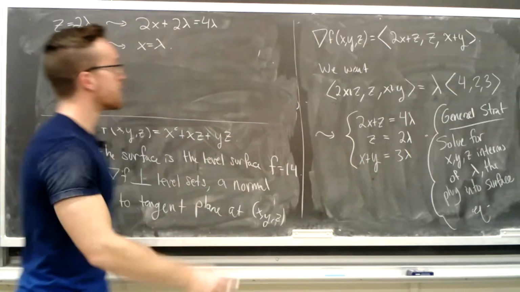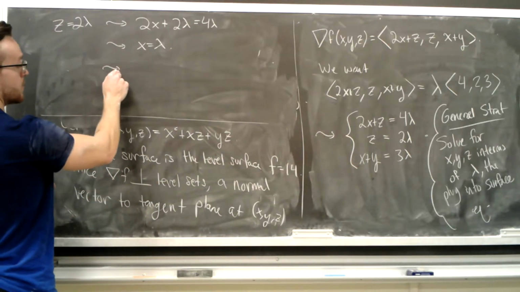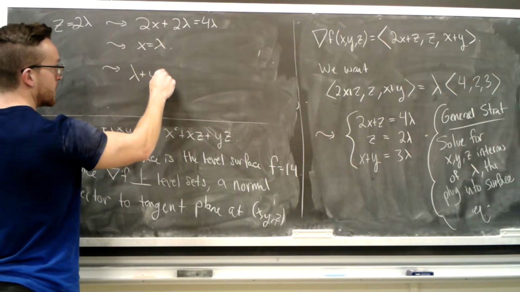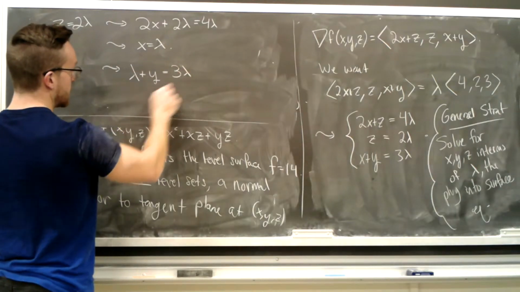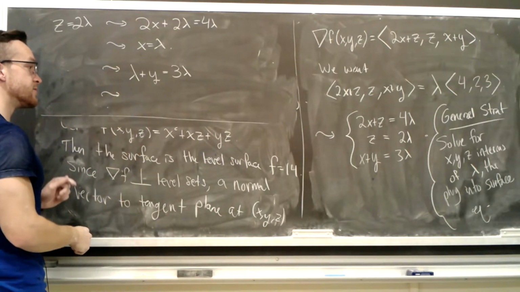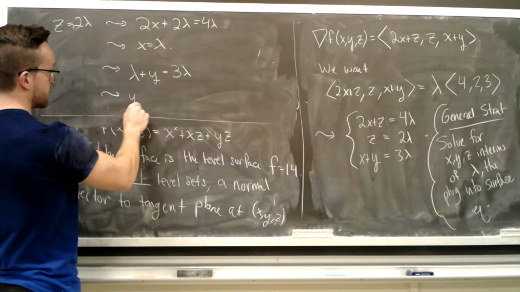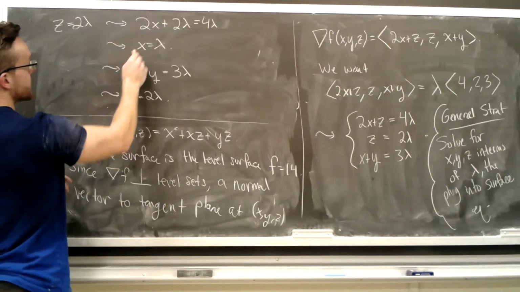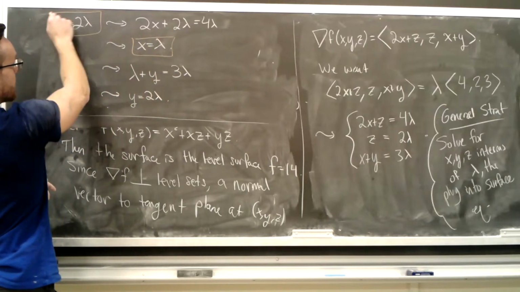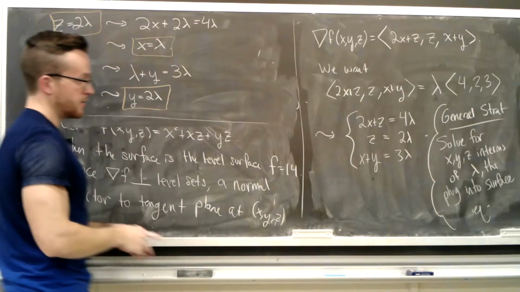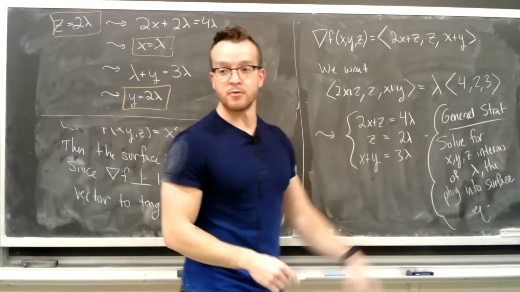Using the third equation, this tells me that lambda plus y is 3 lambda, which means y is 2 lambda. Okay, so I've got x in terms of lambda, y in terms of lambda, and z in terms of lambda, which is exactly what I wanted.